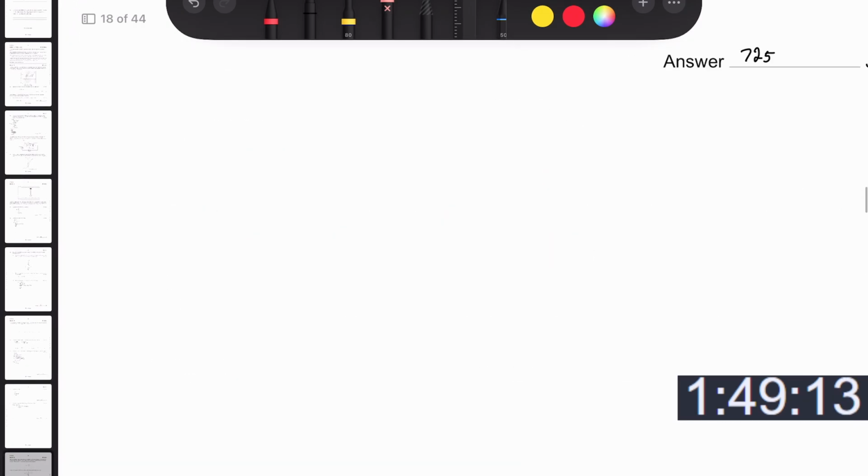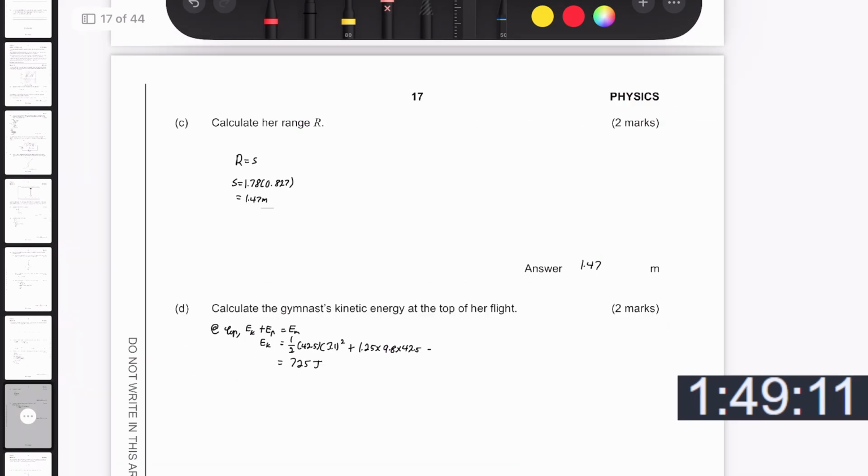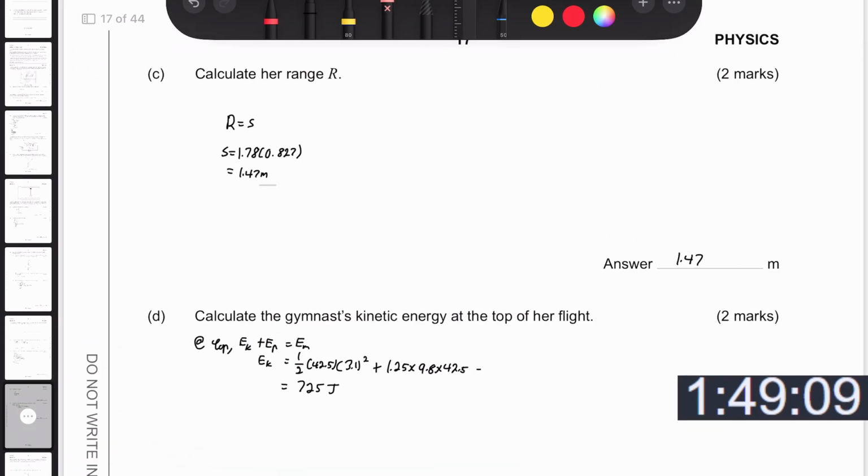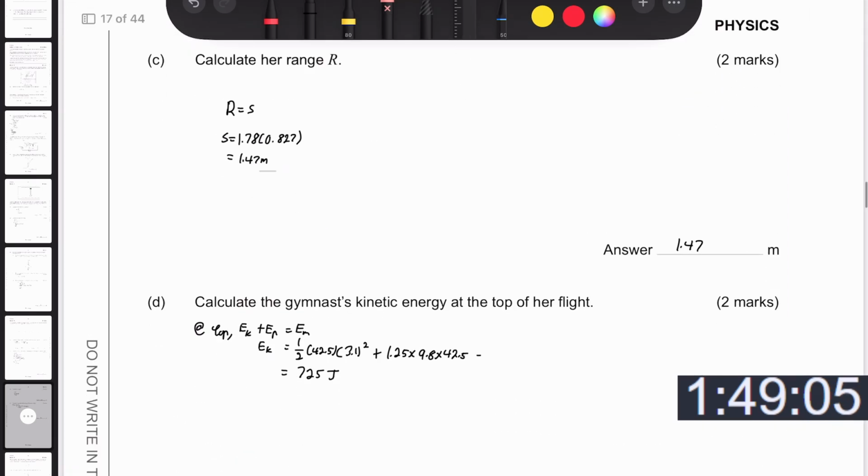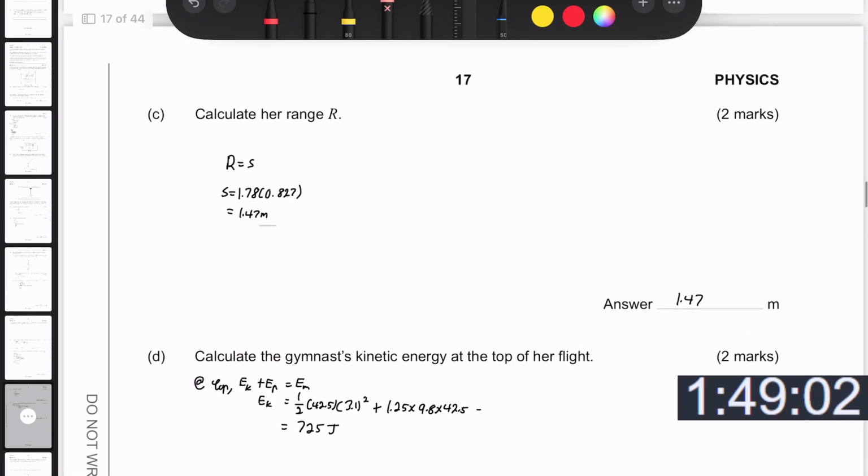Kinetic energy at the top of a flight, otherwise this wouldn't make sense. Okay, I think R must be the maximum height. I can't see it though. Pilot beams. It says page not found.